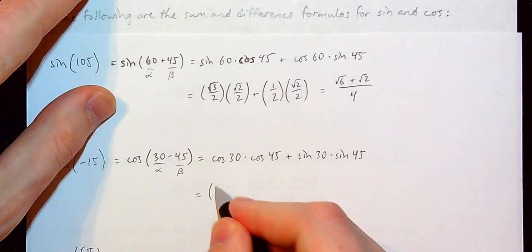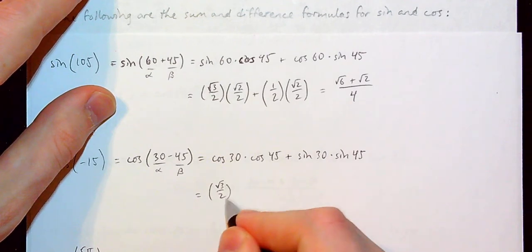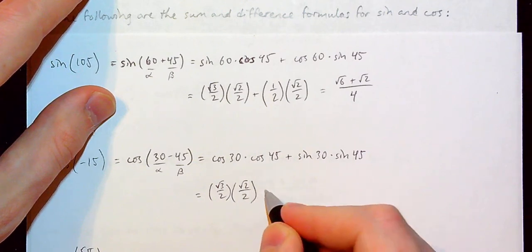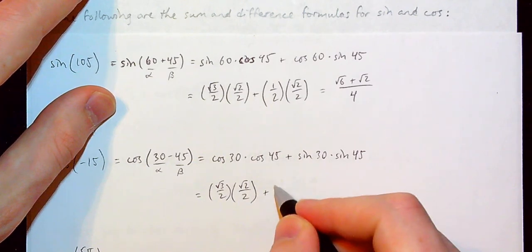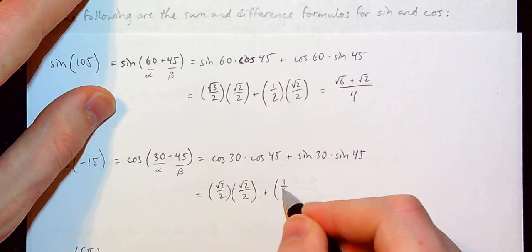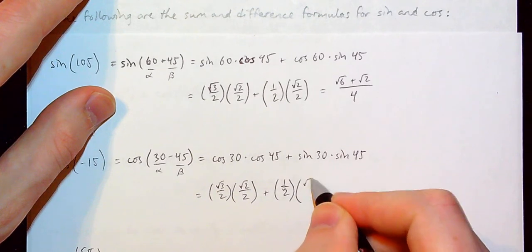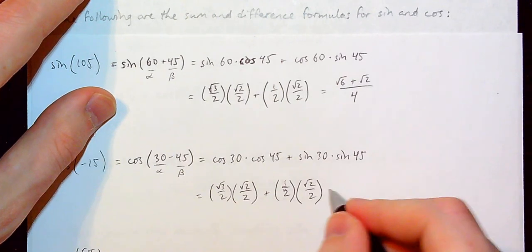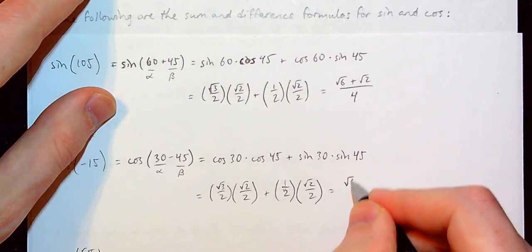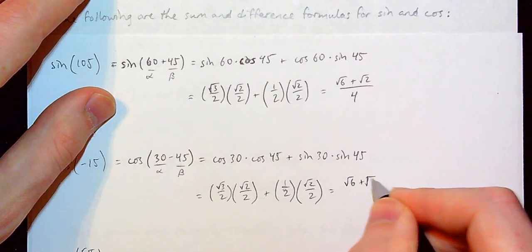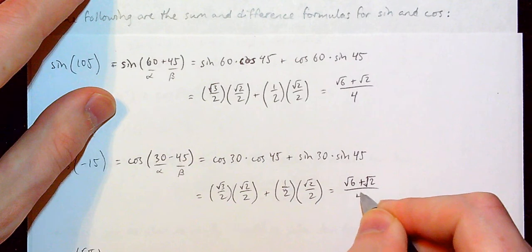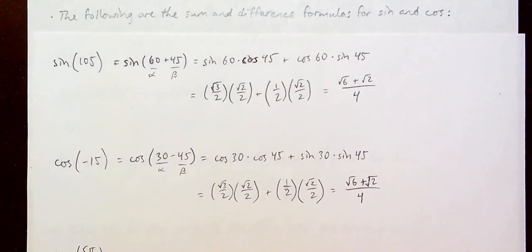Cosine of 30, radical 3 over 2, cosine of 45, radical 2 over 2, plus sine of 30 is 1/2, and sine of 45 is radical 2 over 2. And it just so happens that we get the exact same answer as we did from our first problem. Radical 6 plus radical 2, all divided by 4.